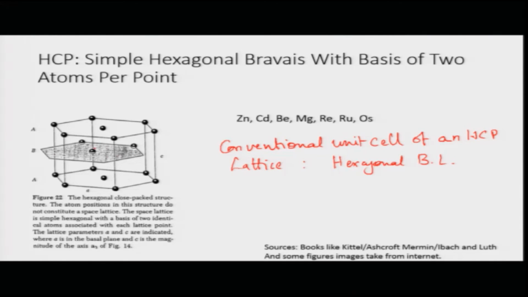This layer, which is the B layer, has been put in between the two A layers, and so this leads to your hexagonal close pack structure which has a basis of 2 atoms per point.